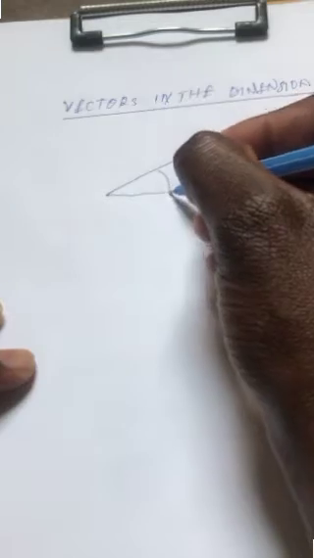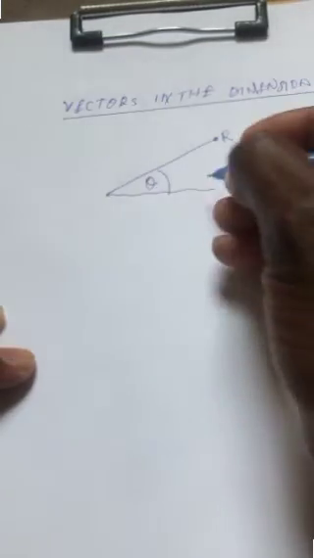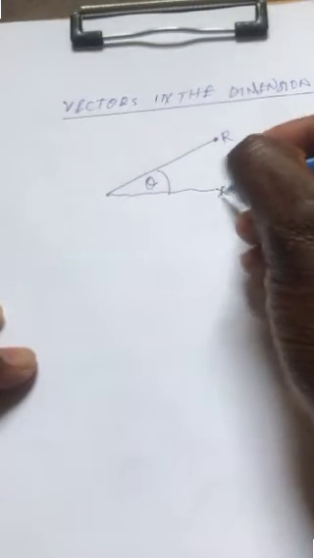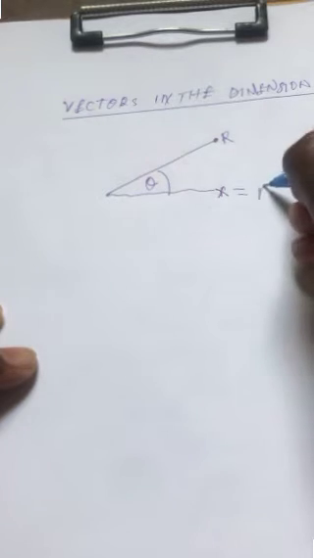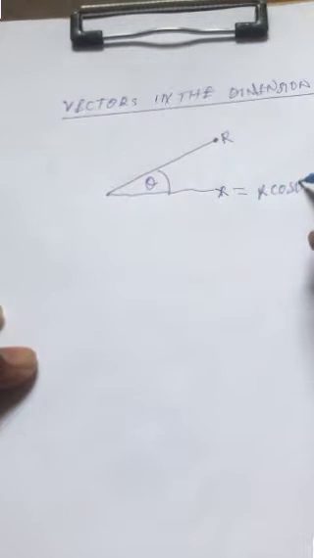Just a recap. We understand that in 2 dimensions vector, we are normally focusing on the x as well as the y component. Suppose we have this as our resultant, which is r. Then if you want to resolve this with respect to the angle, we say x equals r cos theta.